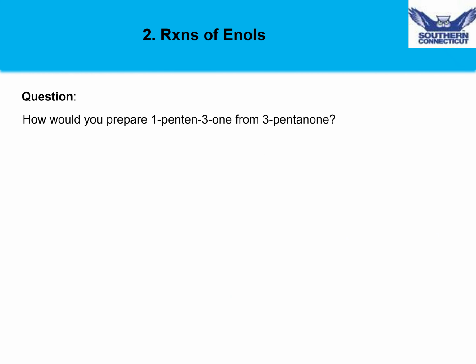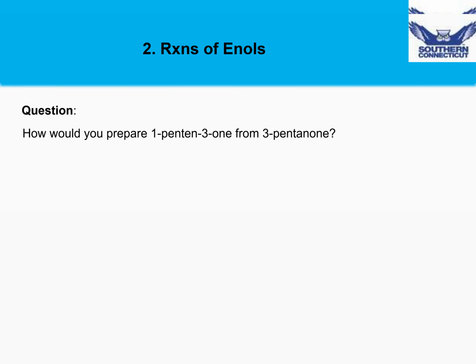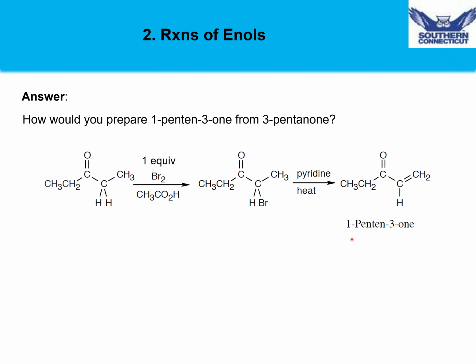Let's now review the reactions from this section by doing this problem. We want to prepare a 1-pentene 3-one compound from 3-pentanone. 1-pentene 3-one from 3-pentanone, we would do an alpha halogenation under acidic conditions.